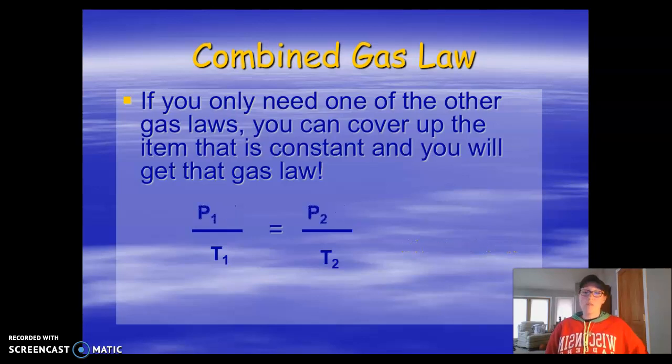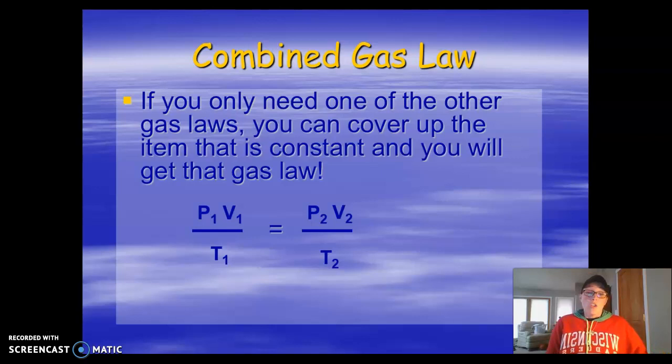And if we get rid of volume, that is Gay-Lussac's law. So what you need to pay attention to is this entire thing, and just know which variable is held constant, because in each of the individual laws, Boyle's, Charles', and Gay-Lussac's, one of the variables is held constant. Look at which one is held constant, and you can know the three gas laws from that without having to look them up.